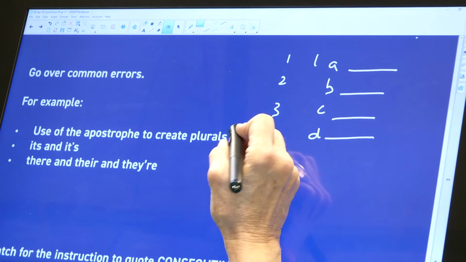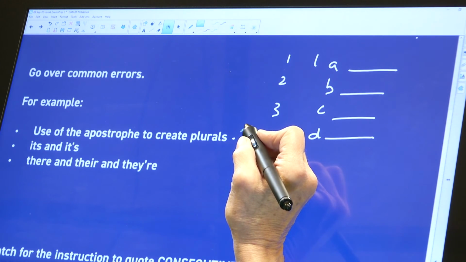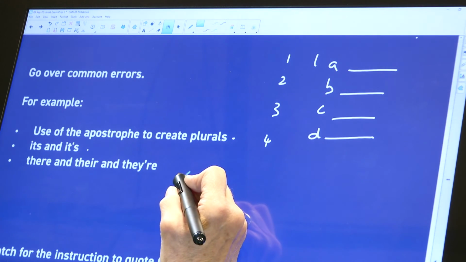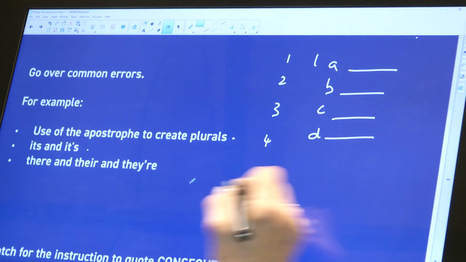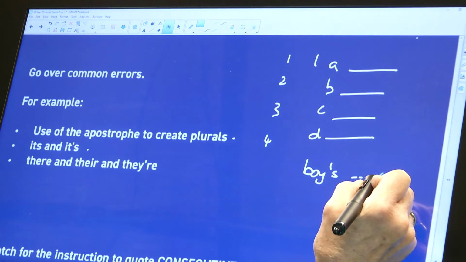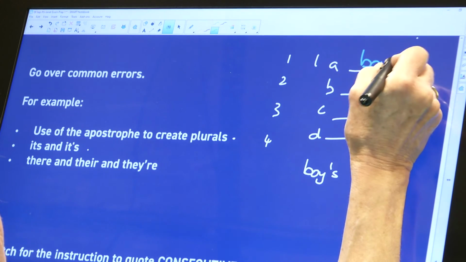What kinds of things do they ask? When students have used an apostrophe for a plural, the difference between its and it's, there and their. So let's just go through this. If you said the boy's were standing at the bus stop, just write out the correct word. You would just write out boys.